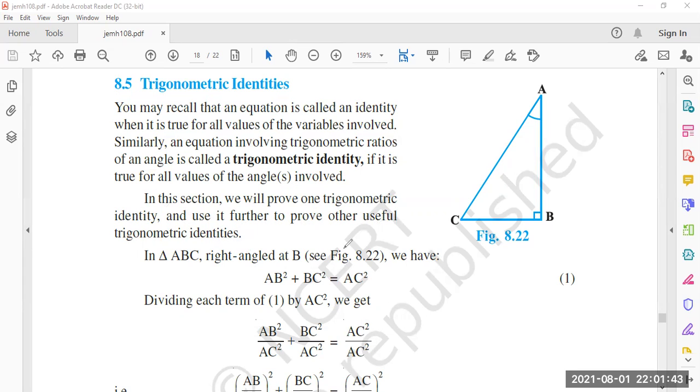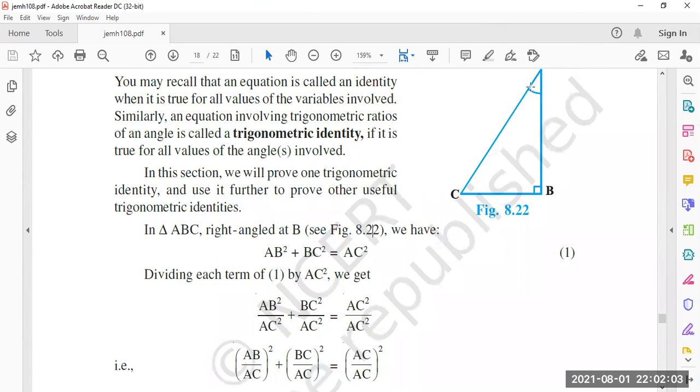How they are going to be and what they are, we are going to see now. Based on those three trigonometric identities, the coming exercise will depend, and that's the last exercise for this chapter. So let us continue.